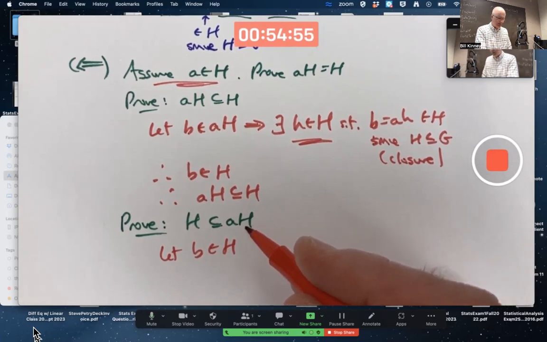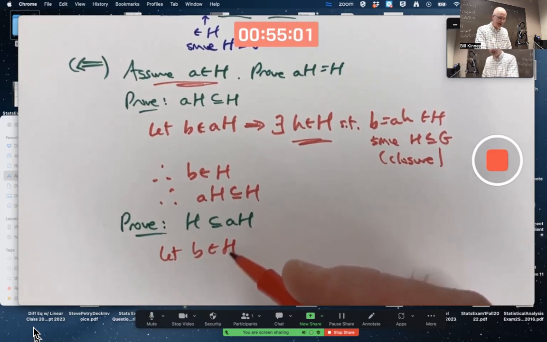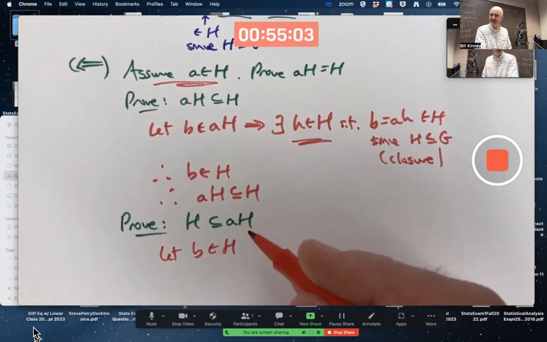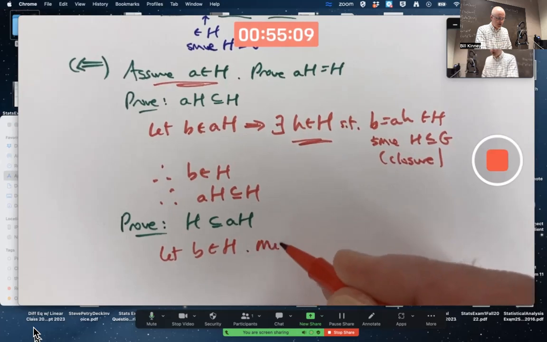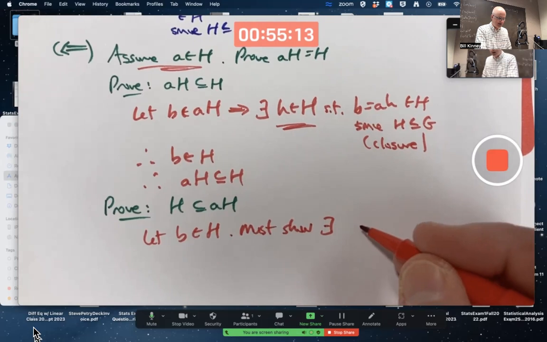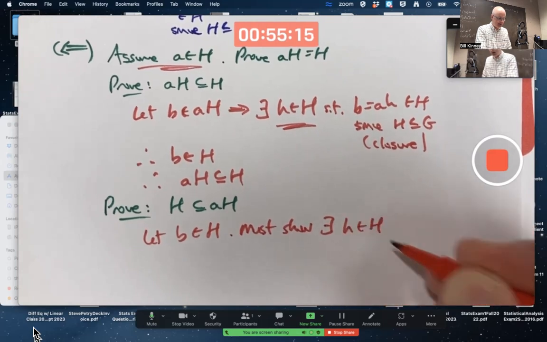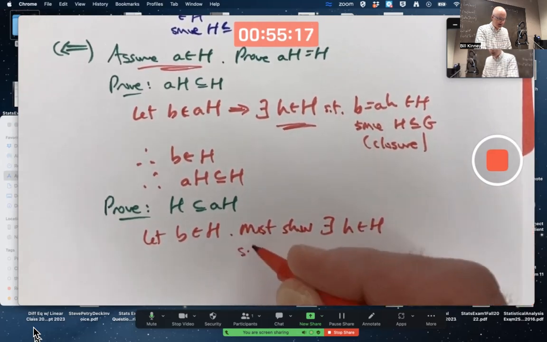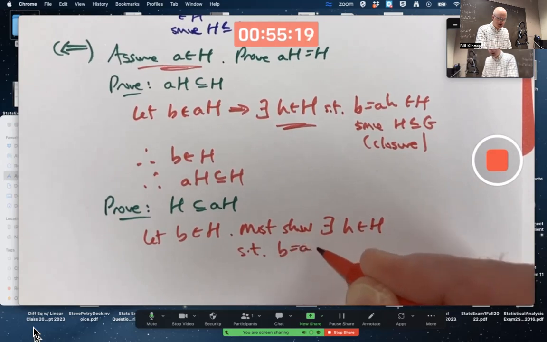We'd have to prove, by definition of this set, that there's some other element of H such that B equals A times that other element. Must show there exists some other element, little h of capital H, such that B equals A times little h.